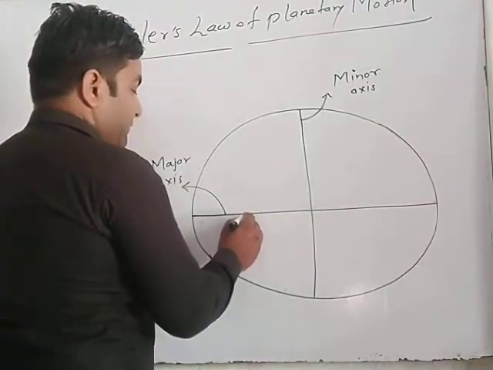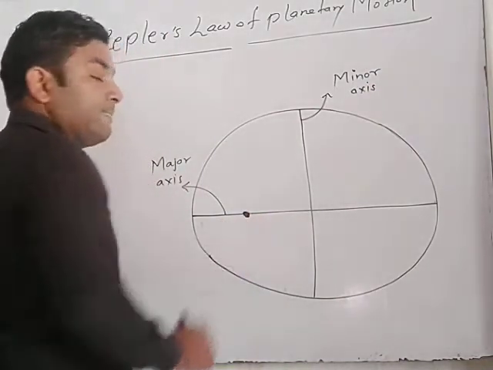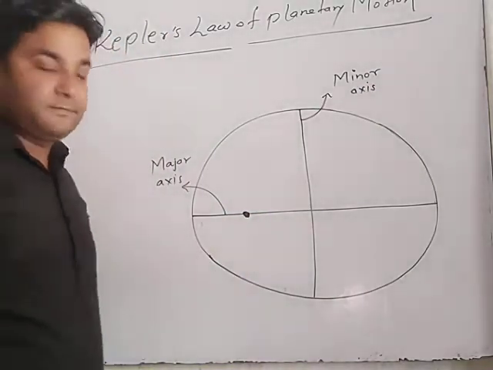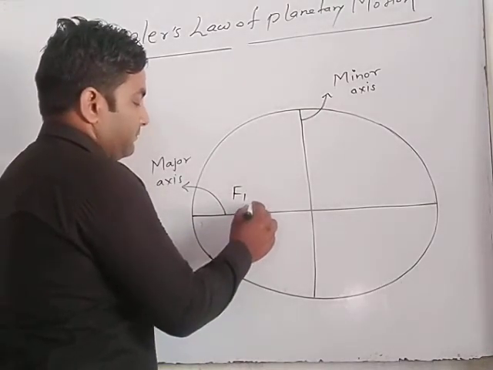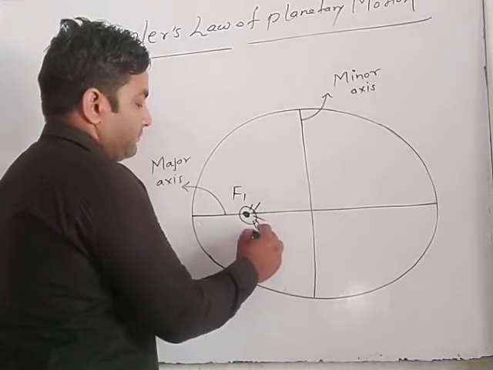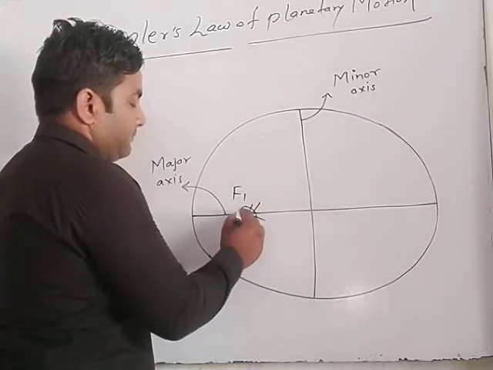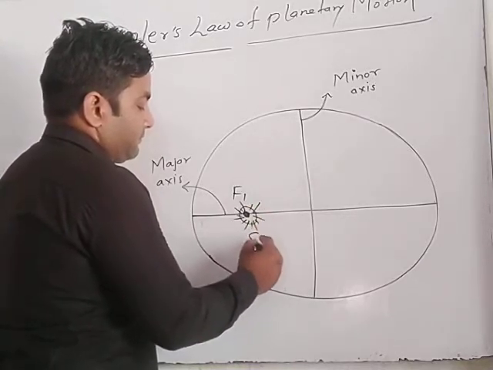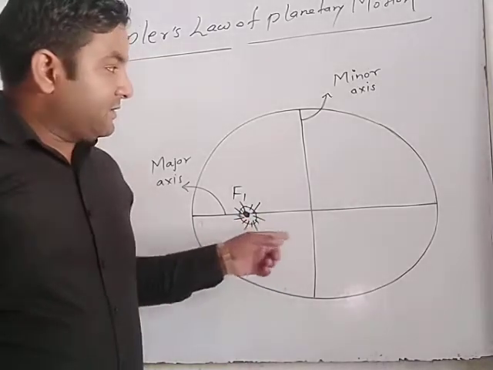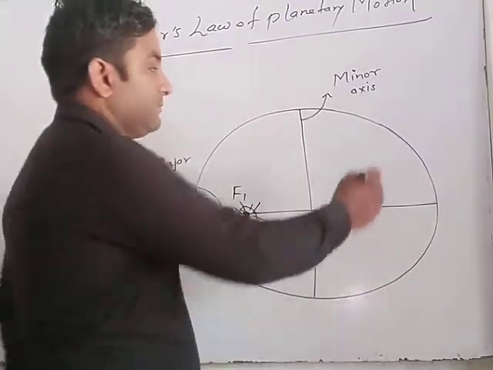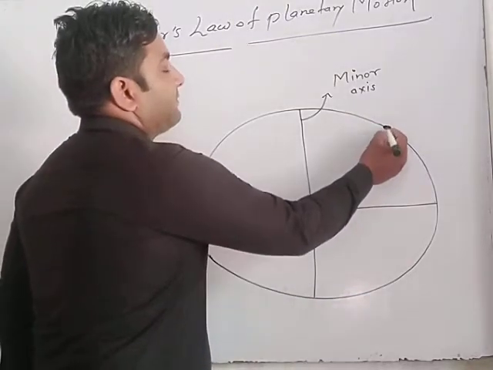And if the position of the sun is at point F1, this is the position of the sun and the planet, suppose, is revolving from this point.